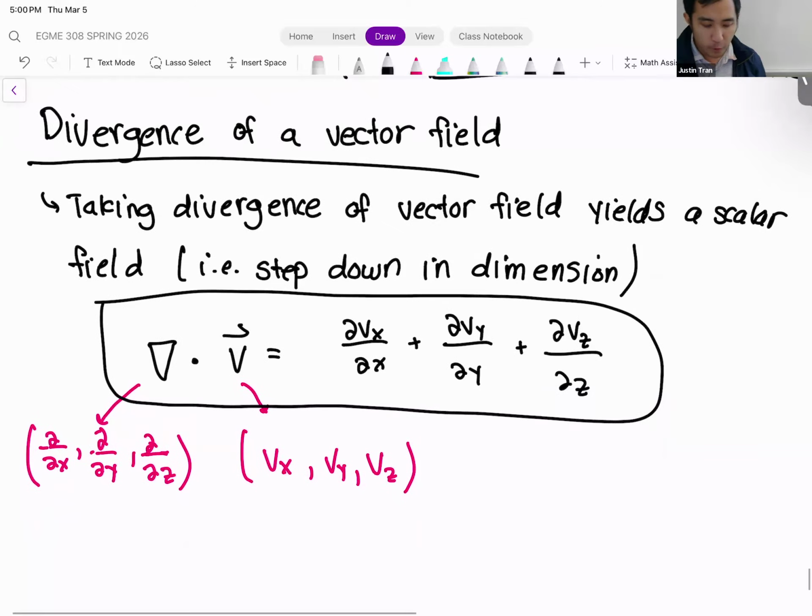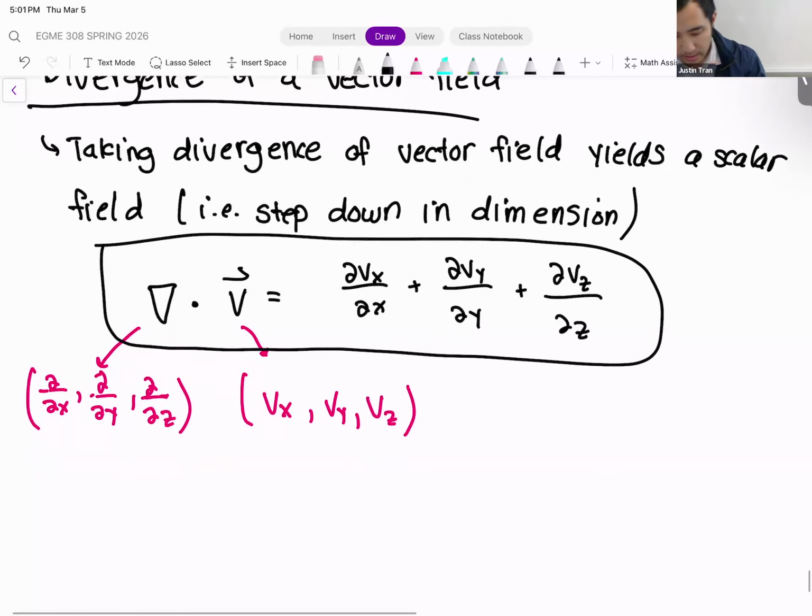Now, divergence, I would say, has fewer applications that we can really talk about here compared to gradient. Gradient has a lot of really interesting applications. But where you'll see the divergence operator a lot is in the area of fluid mechanics.